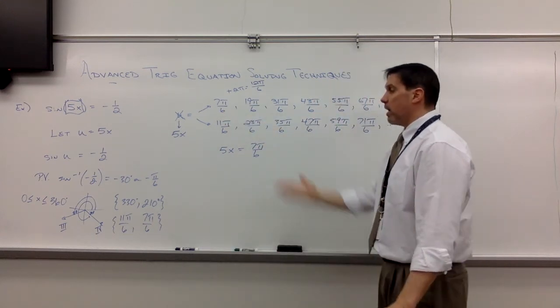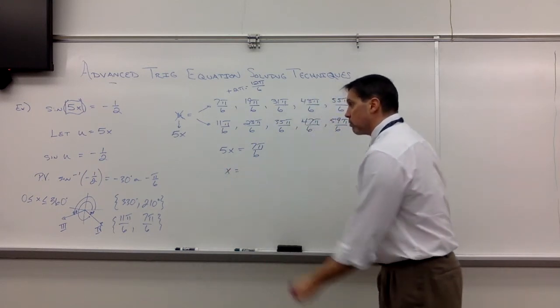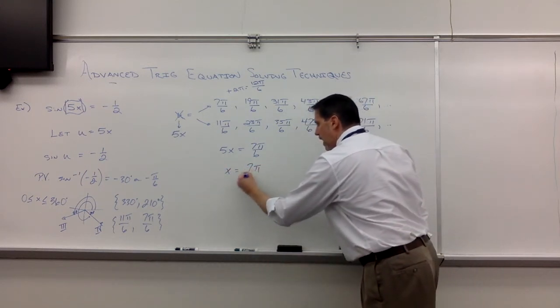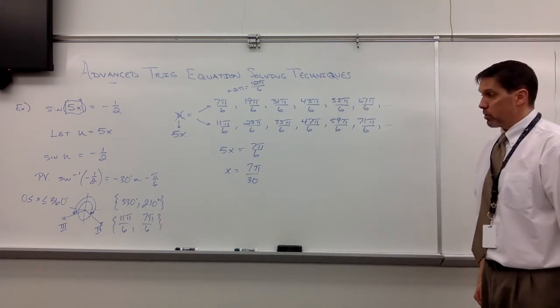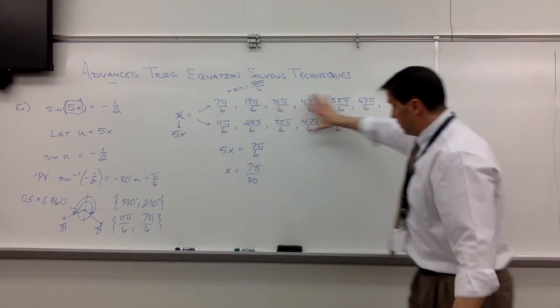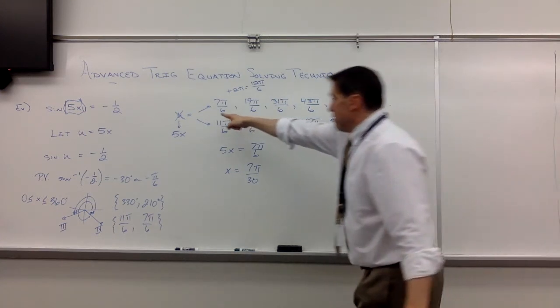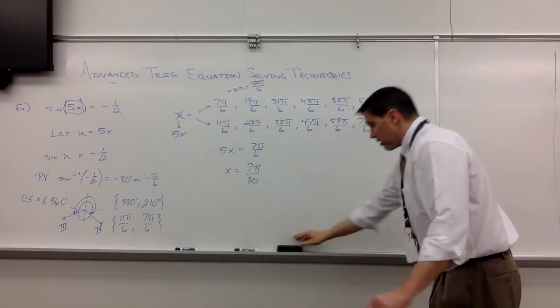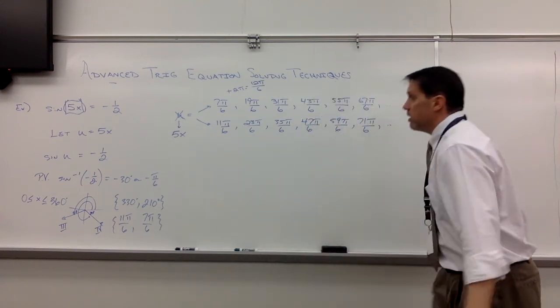Well, how do you solve that? You divide both sides by 5 or multiply by 1/5. x is equal to 7 pi/30. That will be one of our solutions. And we do that for all of these. So basically, we're just dividing each of these by 5. The 5 is just going to multiply to the 6 and make for a denominator of 30.